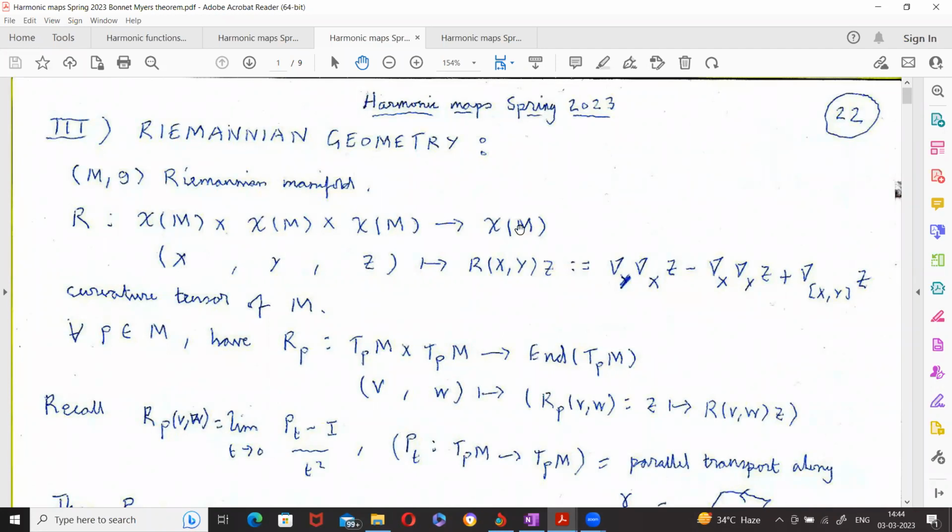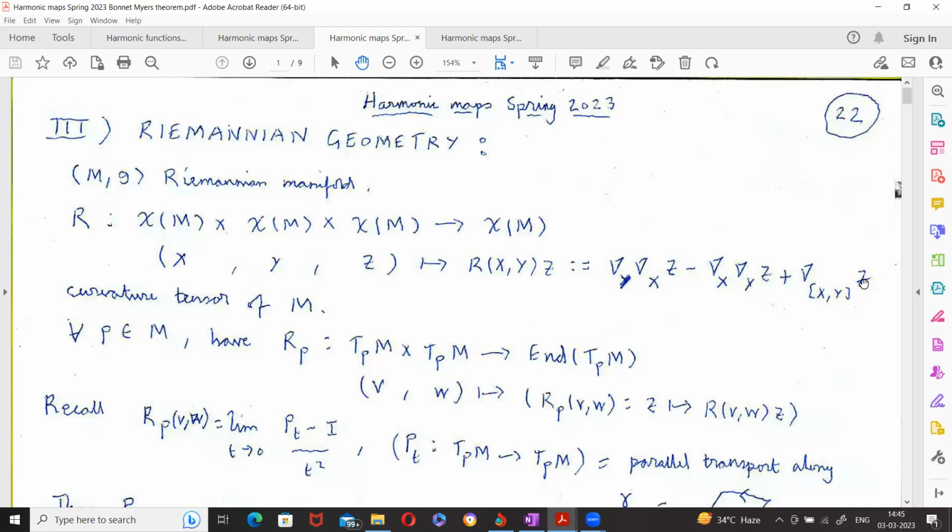So if the connection is the Levi-Civita connection on the tangent bundle, then we get what is called the Riemannian curvature tensor. Is this clear? So R of XY applied to a section of the tangent bundle Z, which is just a vector field, will be nabla Y nabla X Z minus nabla X nabla Y Z plus nabla bracket XY Z. Is this clear?